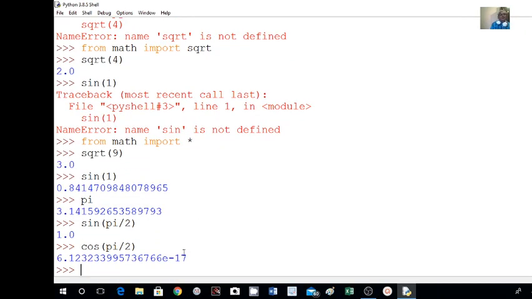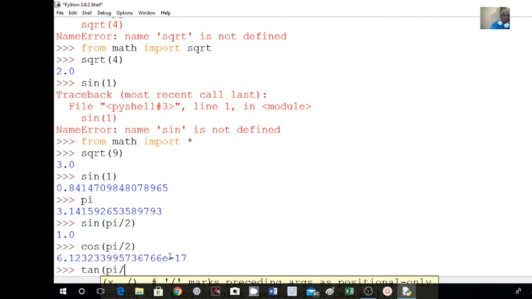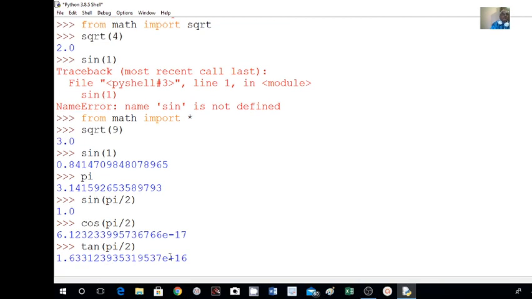This is to the power of minus 17, which means it is nearly equal to 0. What about tan? Tan of say pi by 2, enter. So this is equal to plus 16, that is, this goes to infinity. It is given 10 to the power of 16.